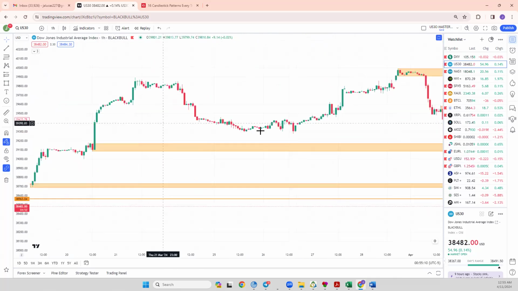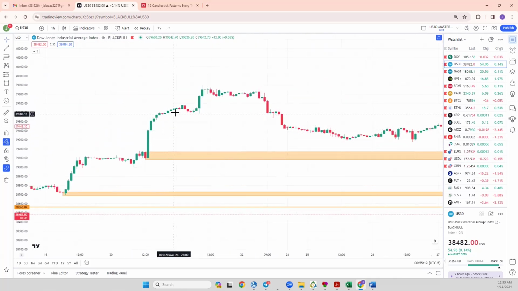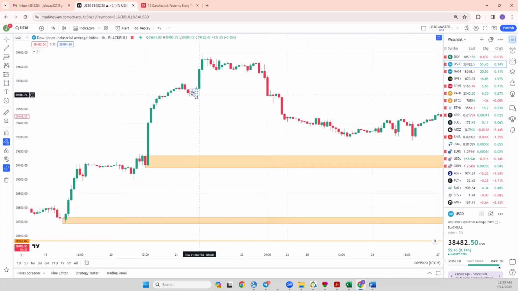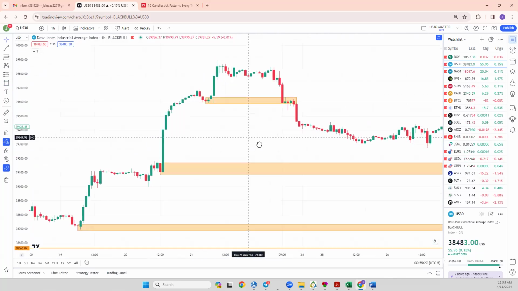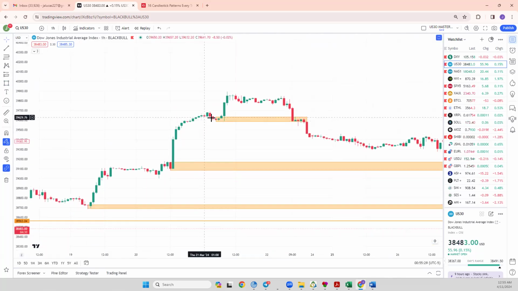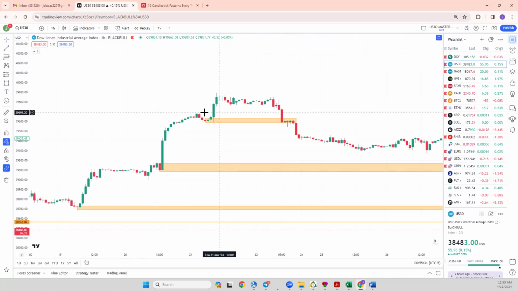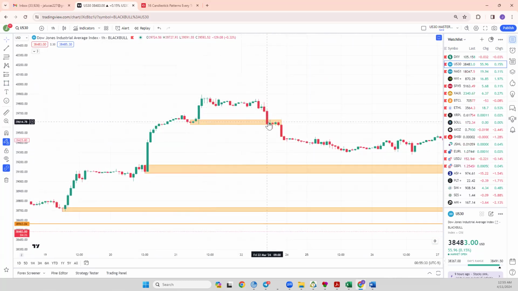The next level happens here. So again, we're looking for the last red candle before the downtrend. Boom, right there. Another bullish order block. So we come up and look what happens.